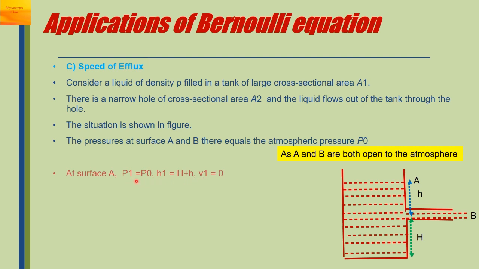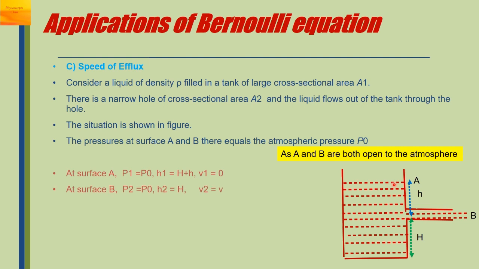Pressure P1 we denote as P0. You can see that this part B is at a height h, denoted by small h. So the height of the surface A will be H plus h, and the velocity is equal to 0 at the surface.